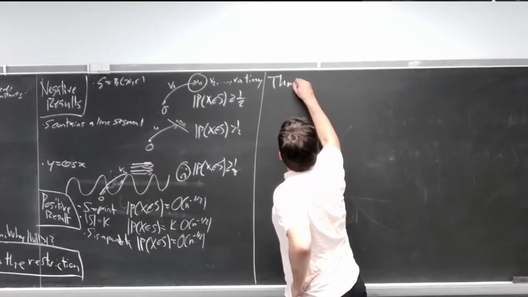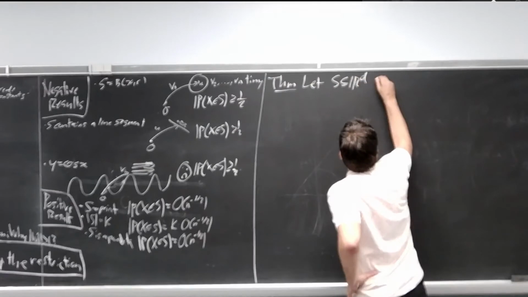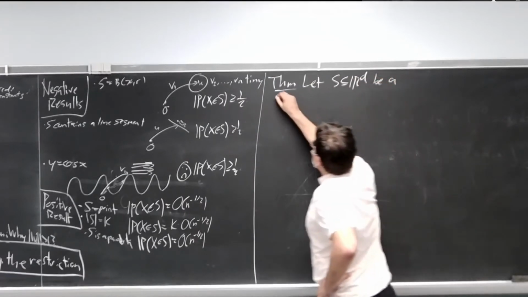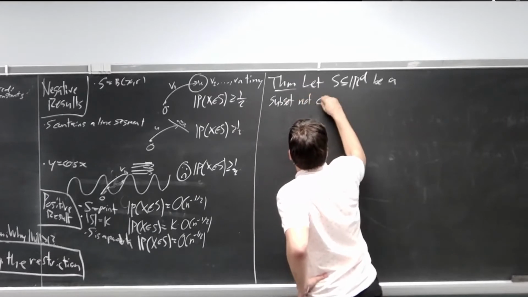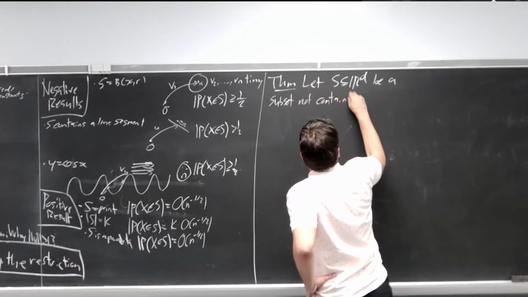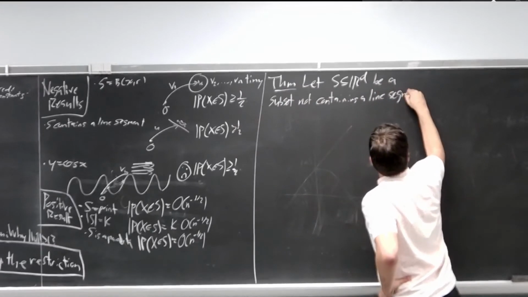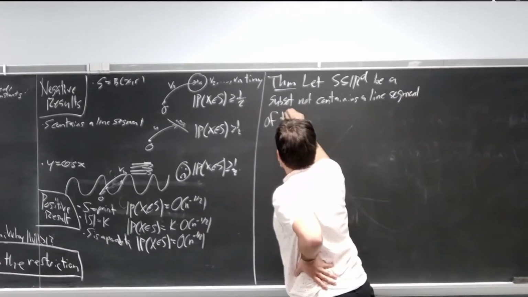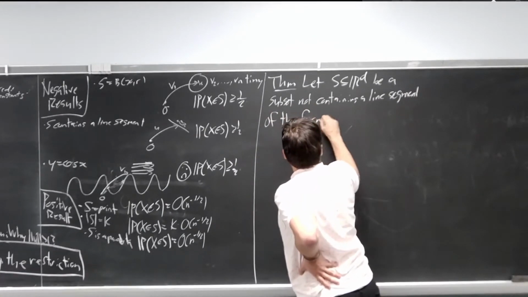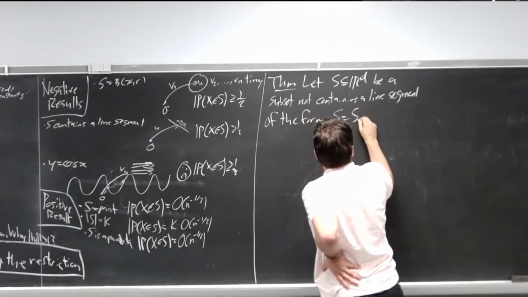So, theorem. Let S in R to the D be a subset not containing a line segment. That's important because of that problem. S is of the form S equals S phi.